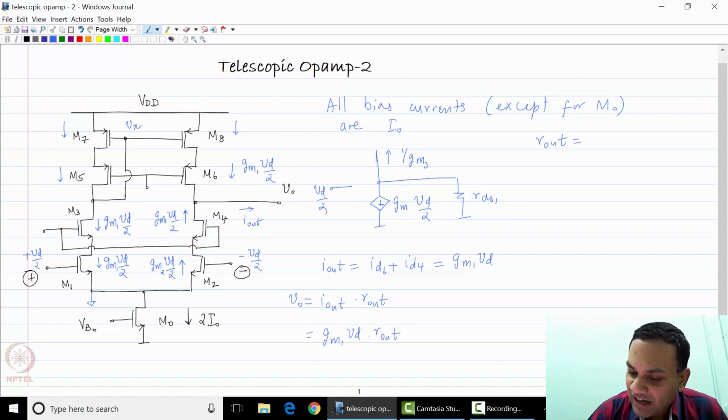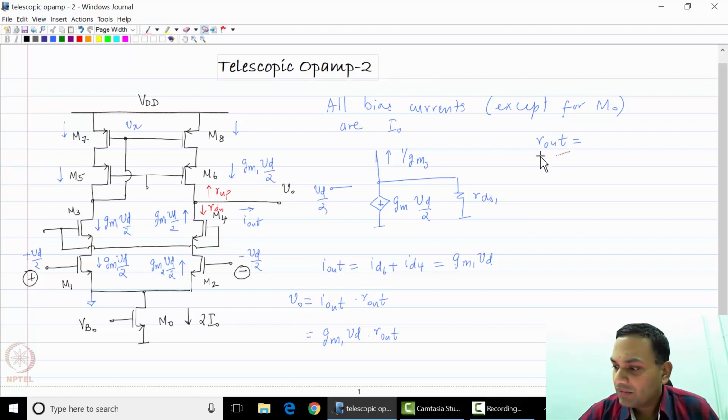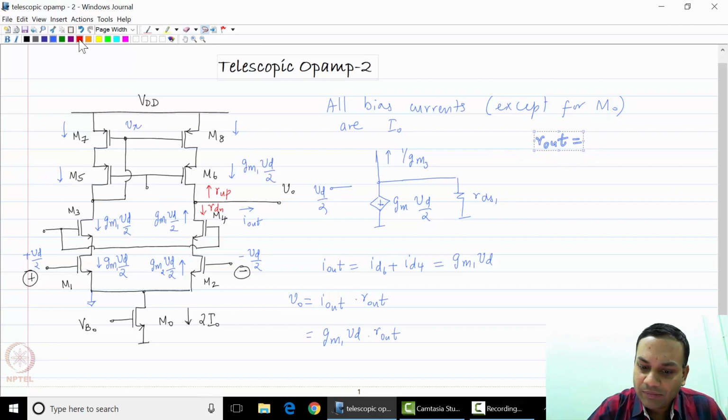R out is R up, the impedance looking upwards, in parallel with the impedance looking downwards. So let us write that down in red color.